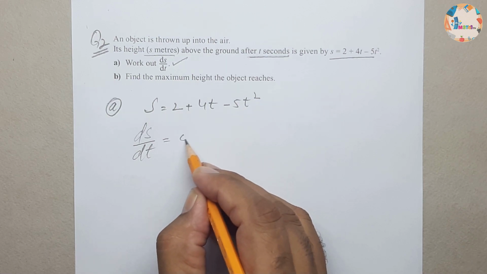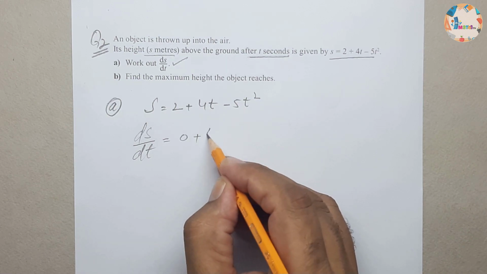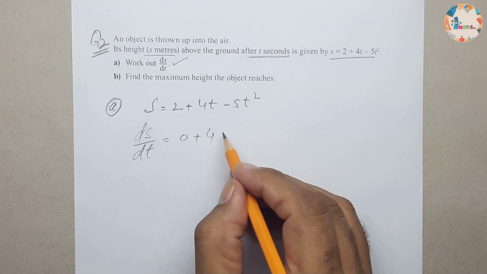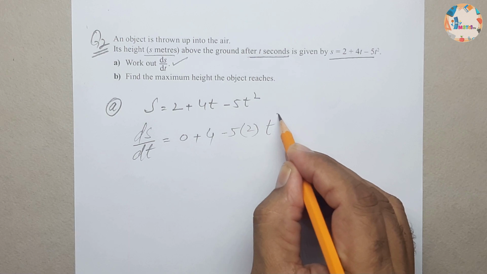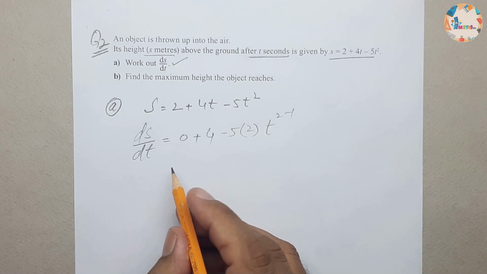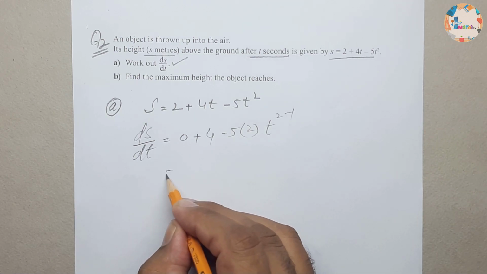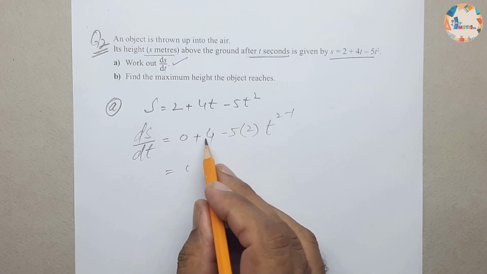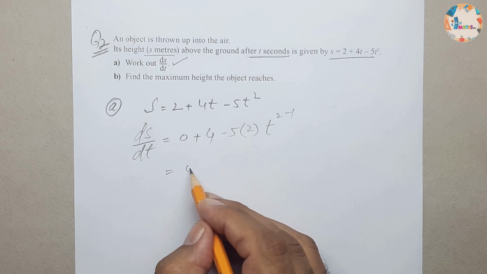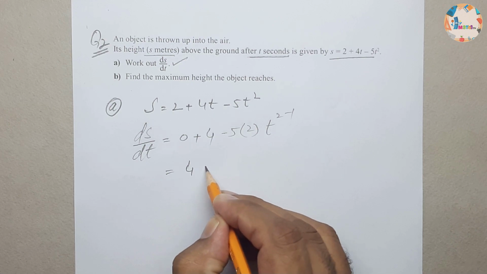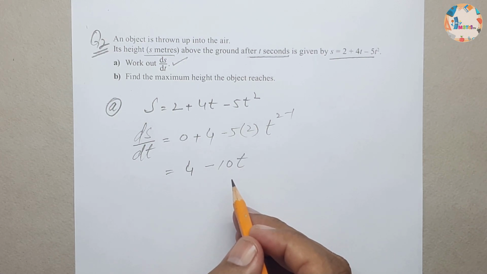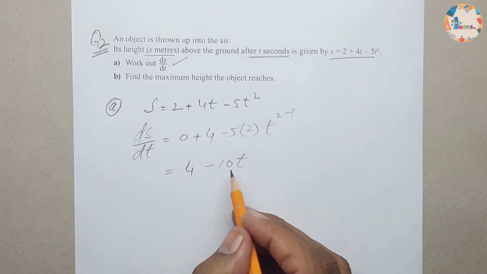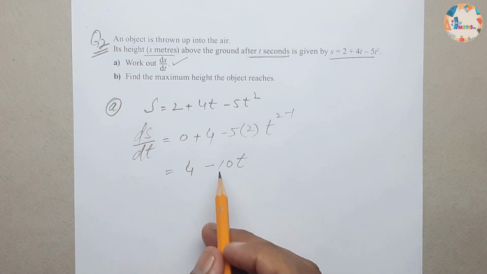The constant's derivative will be 0, plus 4t derivative will be 4, and minus 5 into 2 we can pull first, and t raised to 2 minus 1. So this will be equal to 0, plus 4, basically 4 minus 10t. So this will be our ds by dt, which basically is the a part we have done.